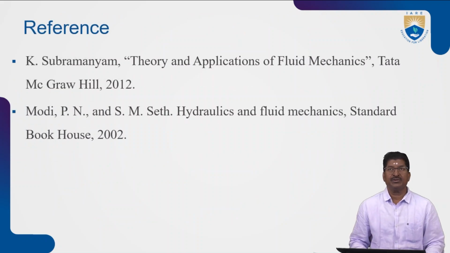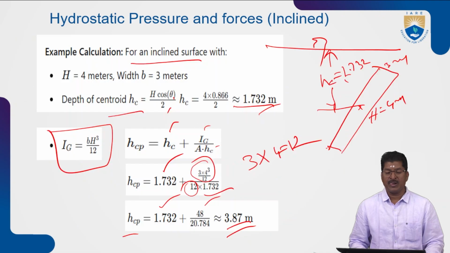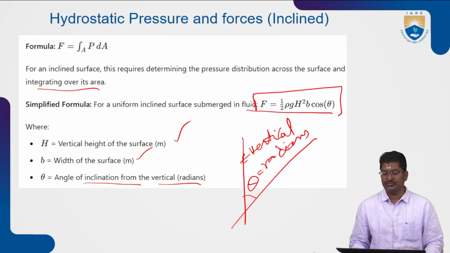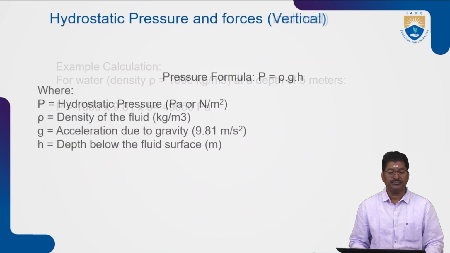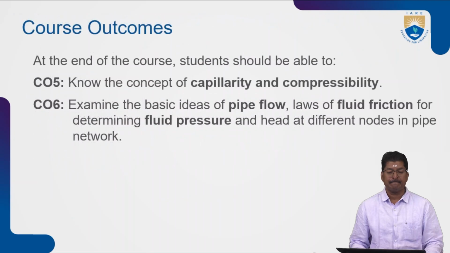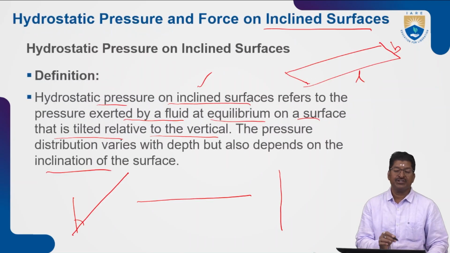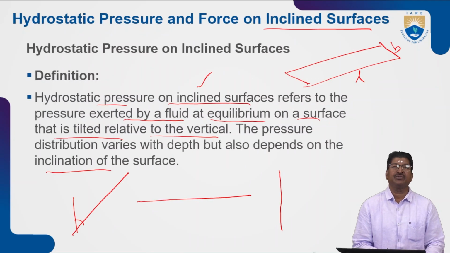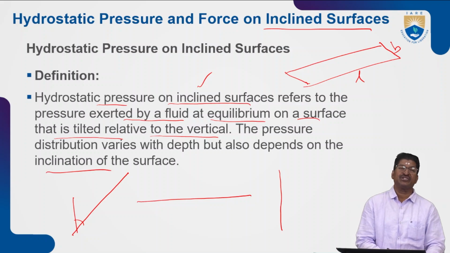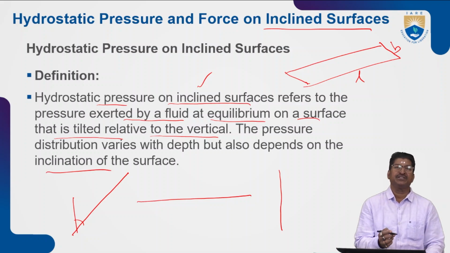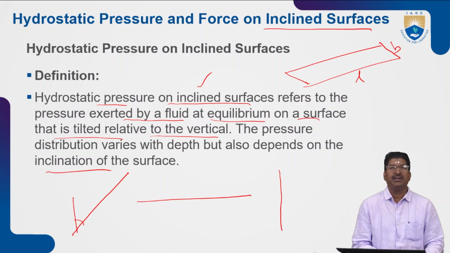So what we did today, we will review once. Initially the definition is given for the hydrostatic pressure on an inclined surface. It is nothing but the pressure exerted by a fluid on an inclined surface at equilibrium.